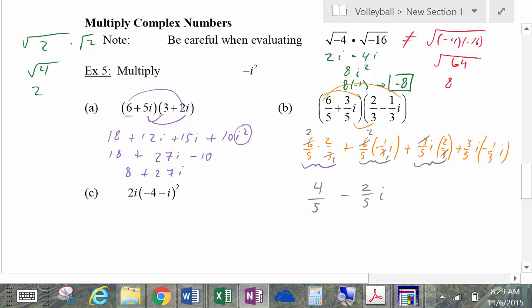All right, the next one is a positive 2/5 i. And then 3/3, we get negative 1/5 i times i, positive. So we get an i squared. So negative 2/5 i plus 2/5 i cancel. We end up with 4/5 minus 1/5 times negative 1, because i squared is negative 1.